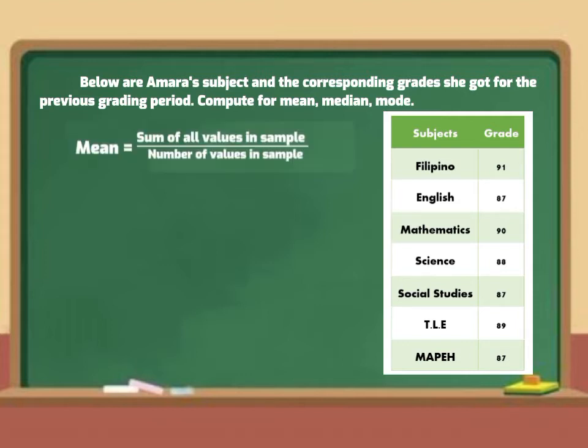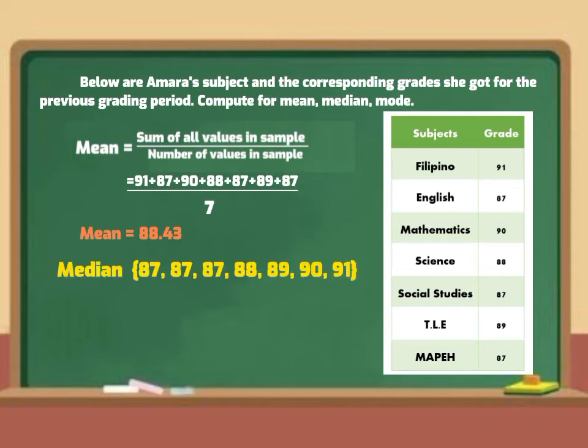To compute the mean, all you have to do is to sum up all the values and divide it by the number of values. Solution as follows. While in getting the median, all you have to do is arrange the numbers from least to greatest, then locate the middle number. And for the mode, all you have to do is to locate the frequently occurring score in the distribution.